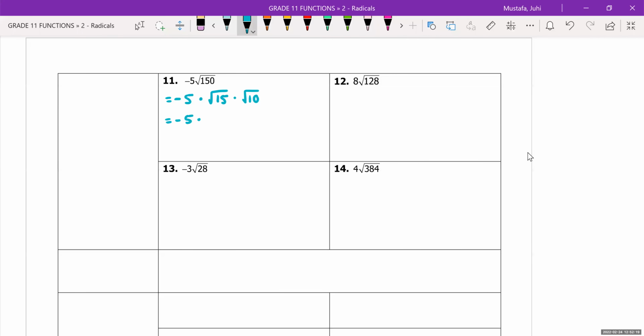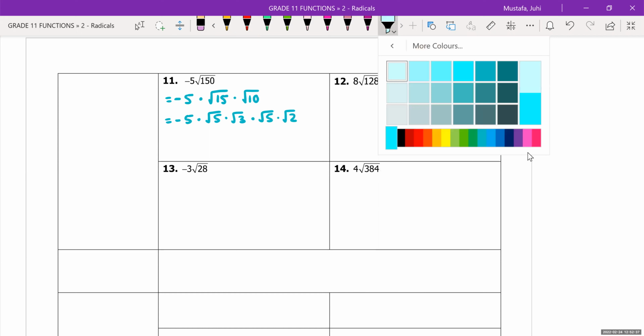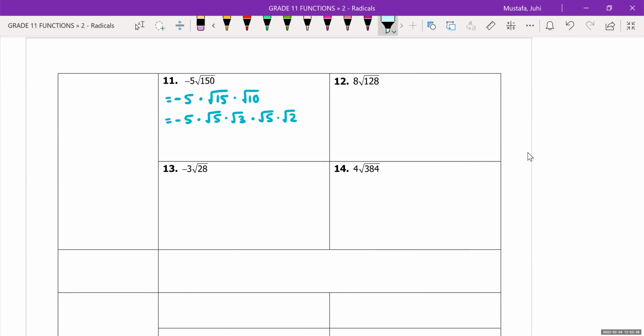What can I split 15 into? So it's going to be root 5 times root 3. What can I split 10 into? Root 5 times root 2. Now, we still don't end up with any perfect squares. However, we do have a matching pair of numbers, so that's really good for us.